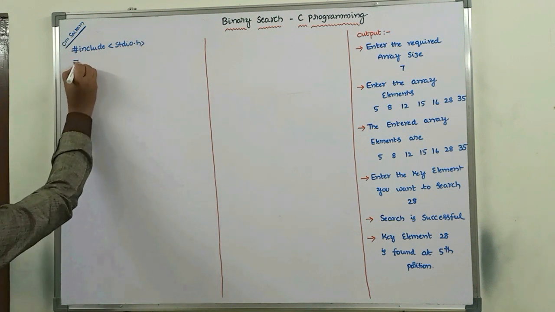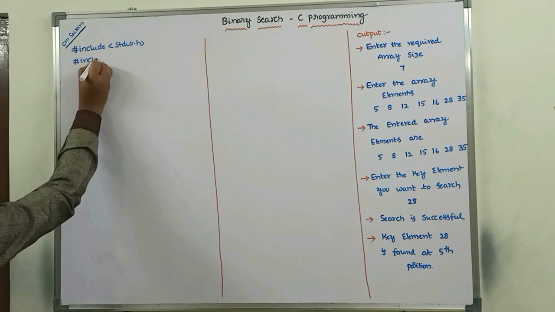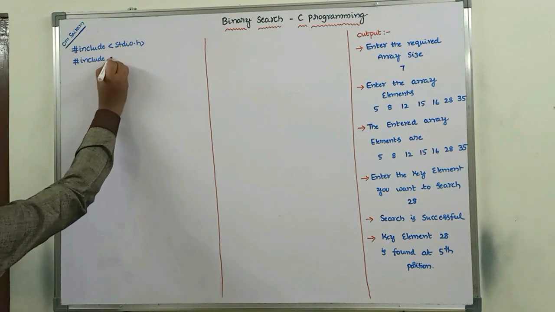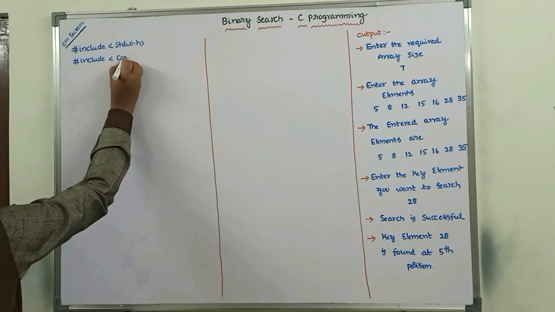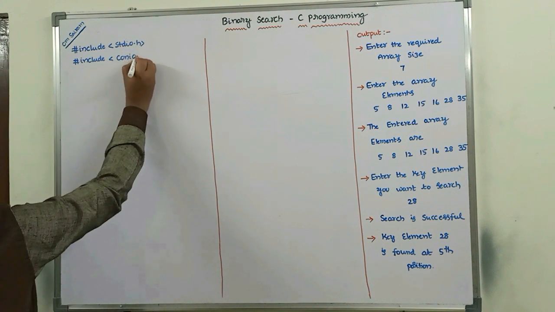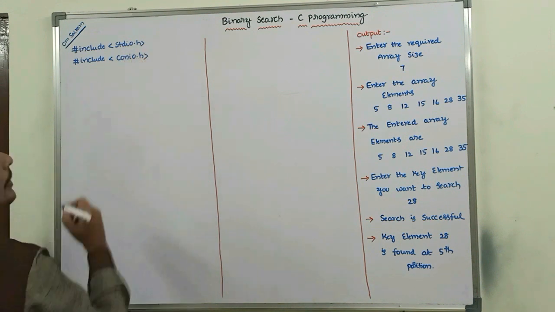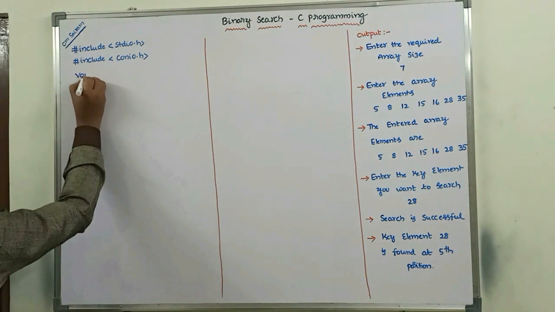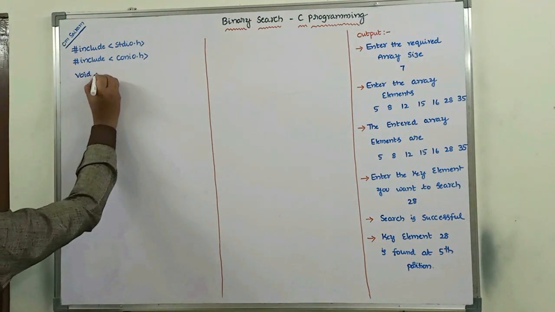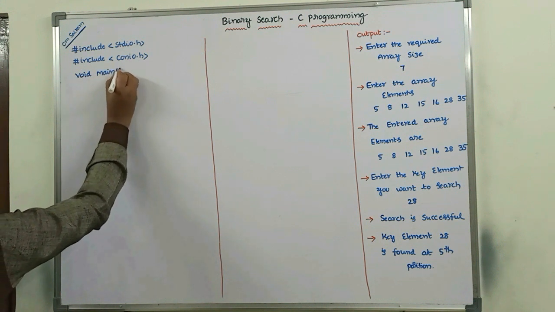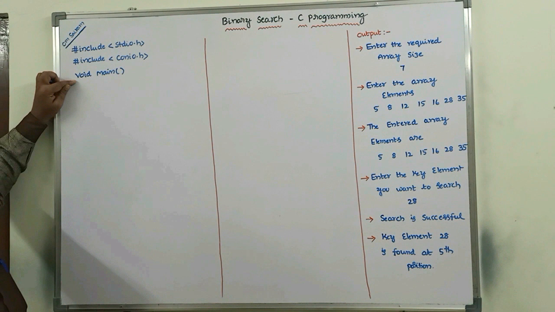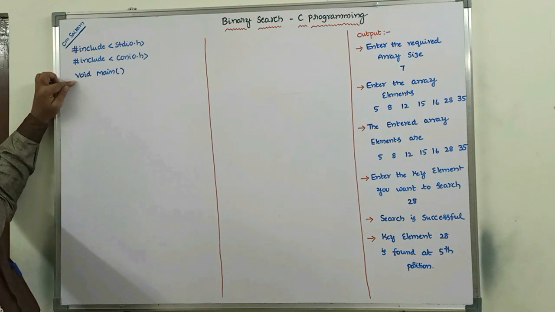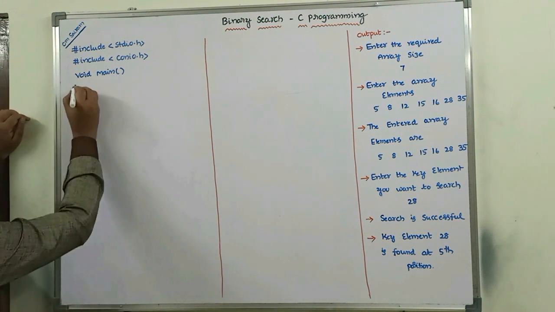Next, the second header file, #include conio.h, console input output header file. Next, void main. Every C program starts with the main function. Its data type is void, which means the main function does not return any value.